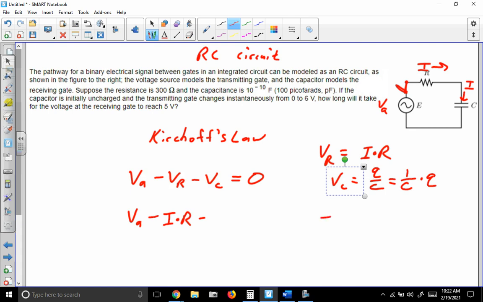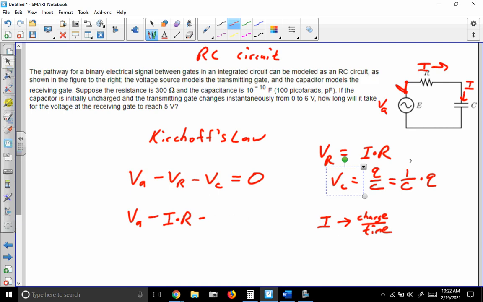Now, current is the rate at which charge is flowing. So that's the charge per unit time. As the current is flowing across the capacitor, we're building up charge between those two plates. So over time, this charge is going to be changing.